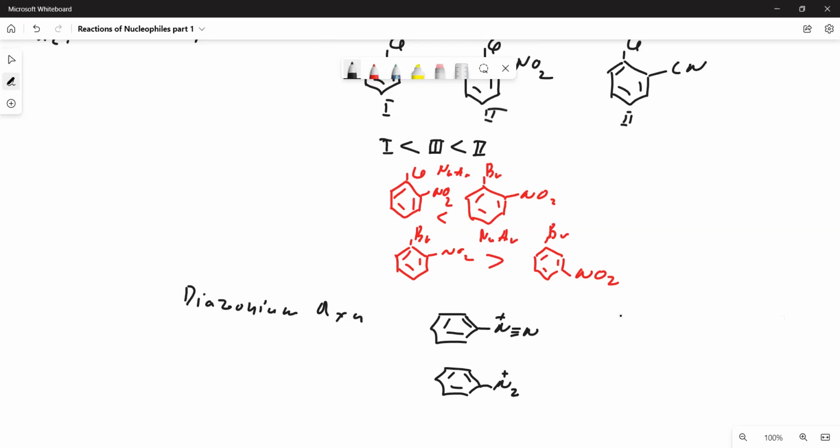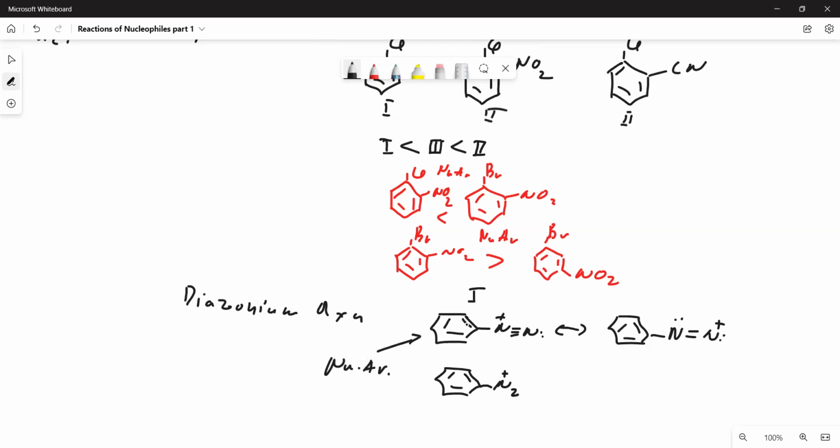Now, there is another structure of diazonium, a resonance structure. Look at the first one. This is the resonance structure of diazonium, wherein the plus will be at the end. So this resonance structure of diazonium will undergo nucleophilic aromatic substitution.